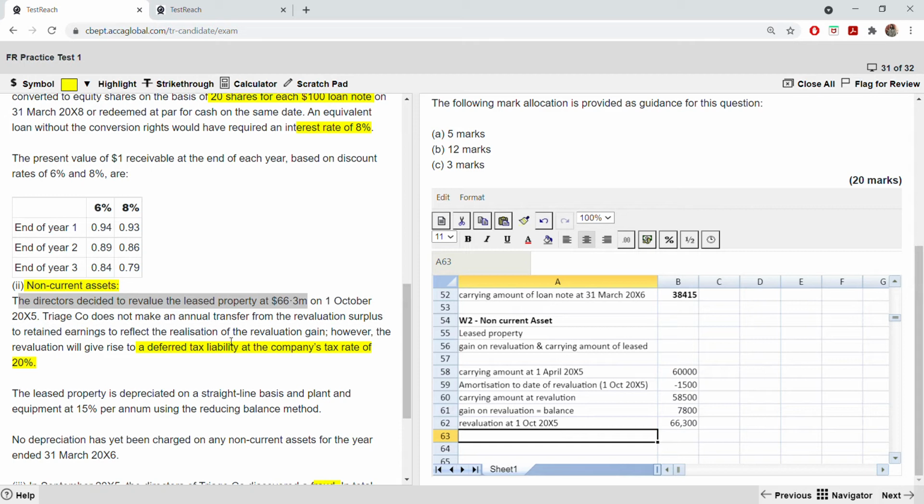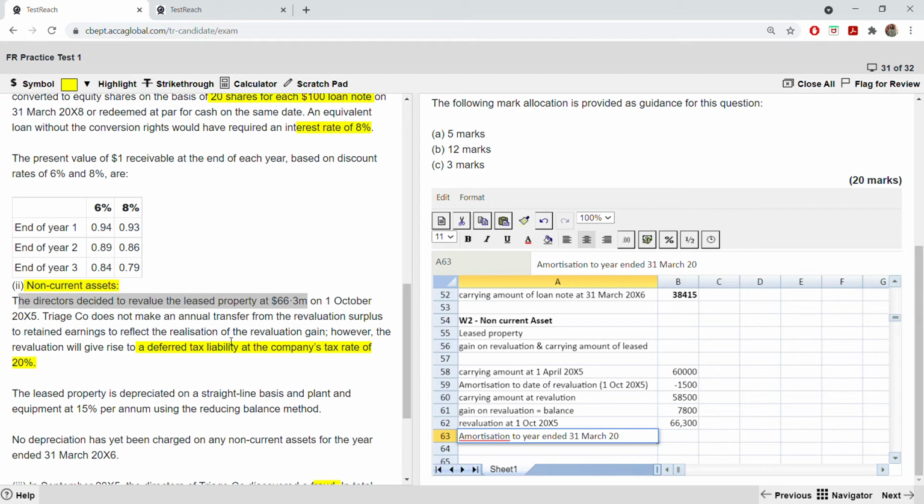So amortization to year ended 31st March 2006. Make sure everything is to 31st March 2006.